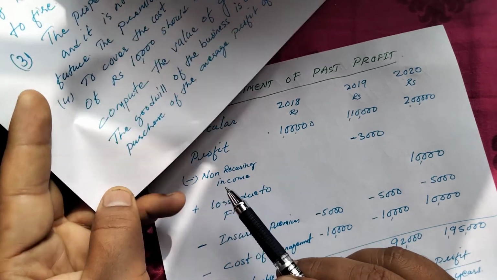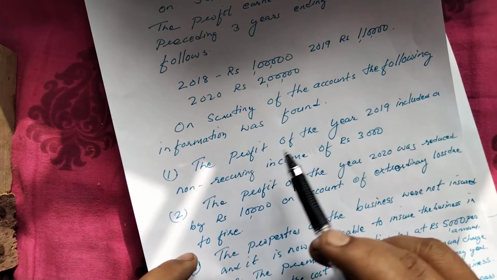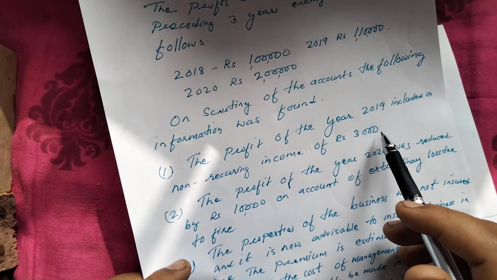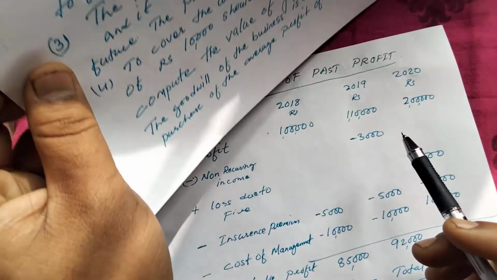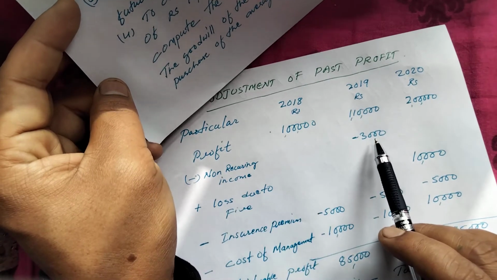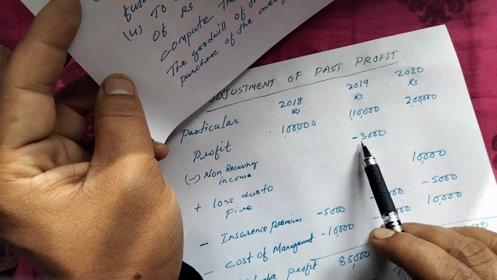So first one was what? The profit of the year 2019 included the non-recurring income of 3,000. So this is non-recurring income in the past. You have to deduct this. So non-recurring income in 2019, that is 3,000, you have to deduct, minus.